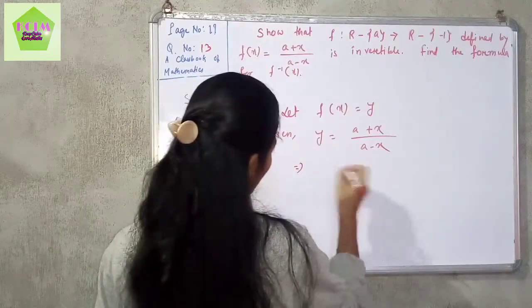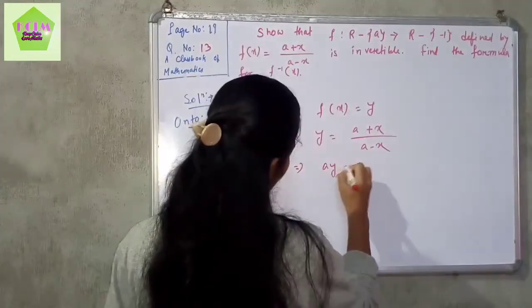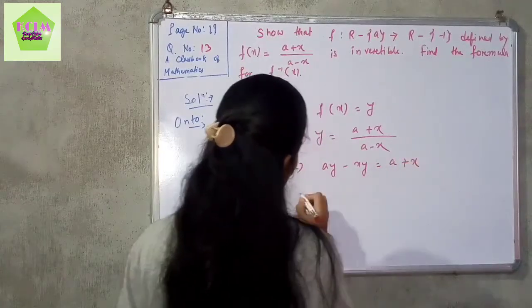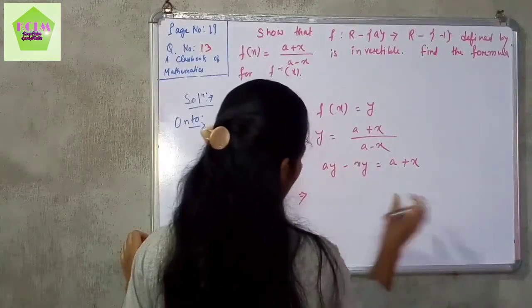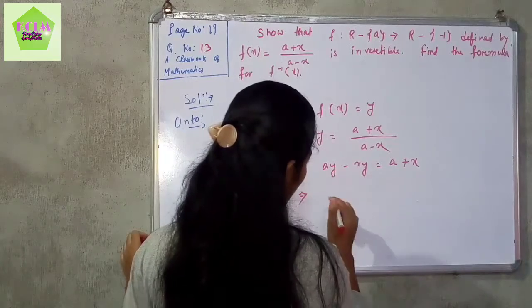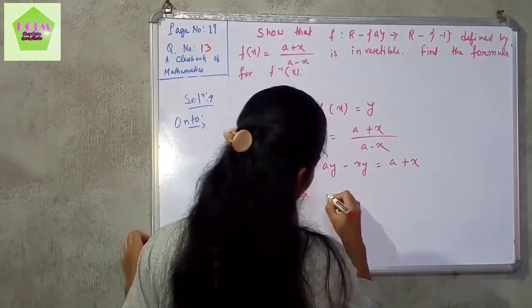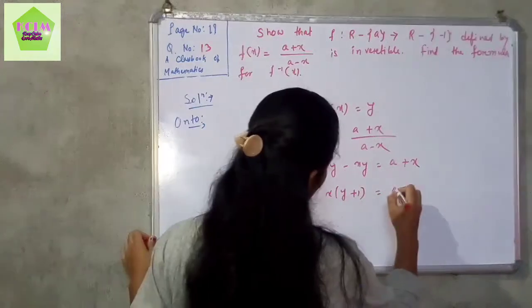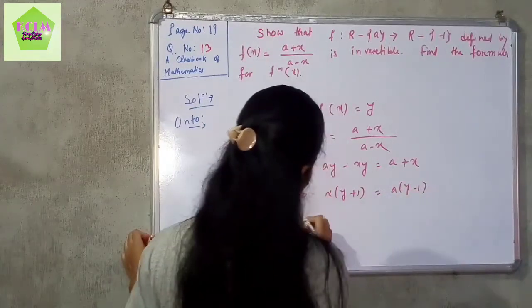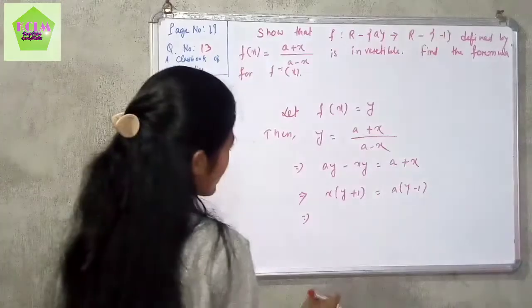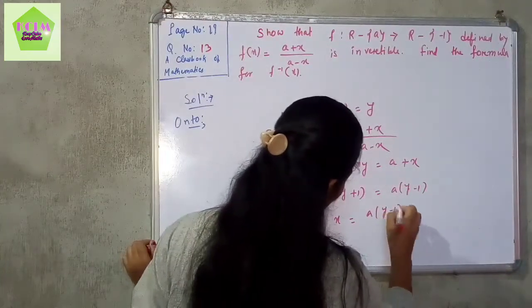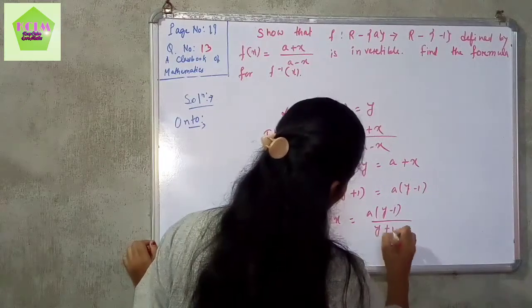Now again cross multiplying and simplifying the terms, since we need x here, x will be equal to a into y minus 1 by y plus 1.